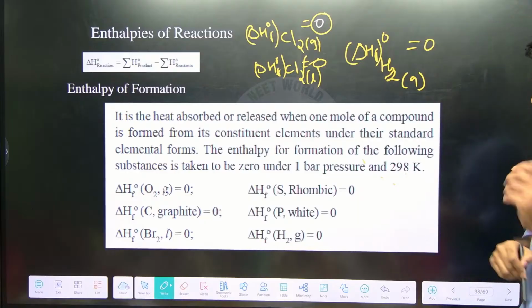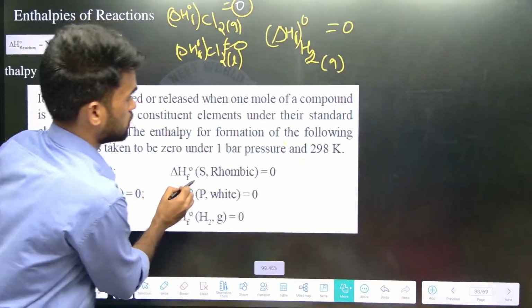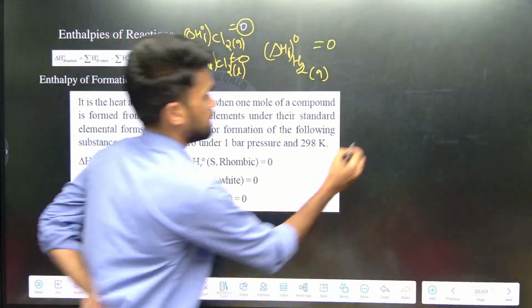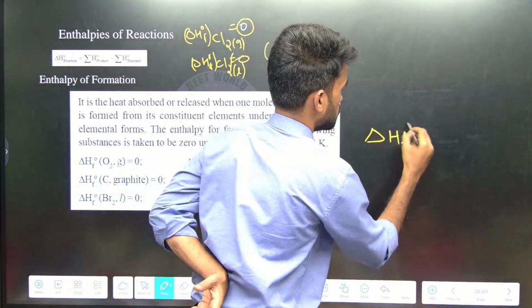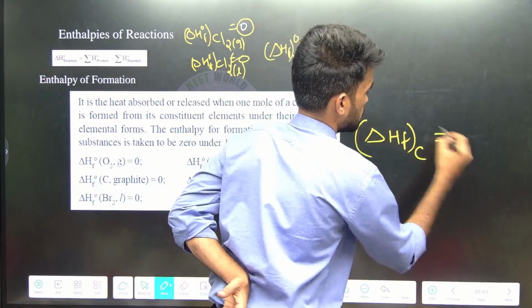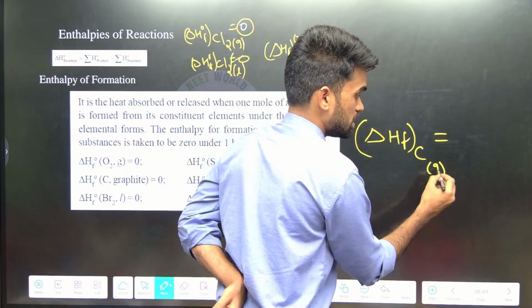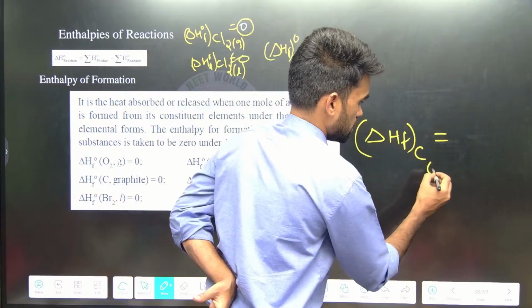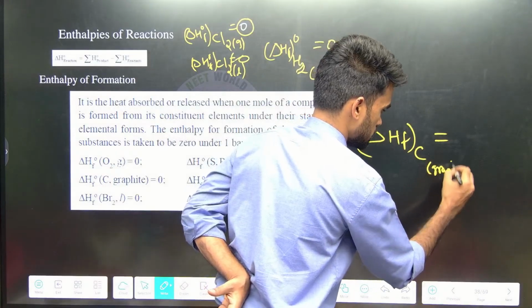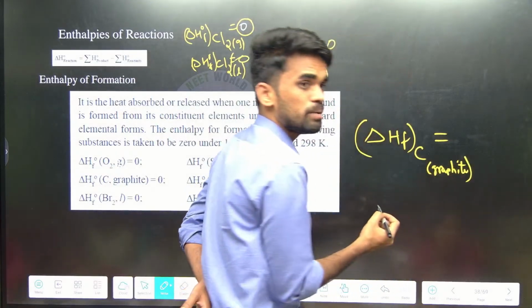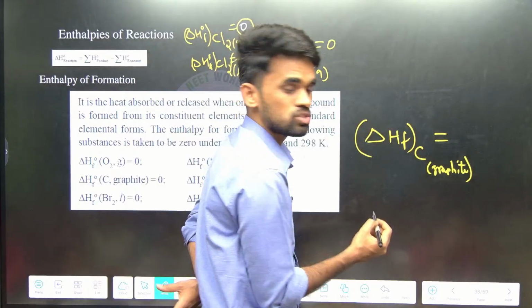Okay. Now see here. If I write the enthalpy of formation of graphite, carbon is there. So carbon has the graphite form. Will graphite be in liquid state, gaseous state, what is it? Solid.